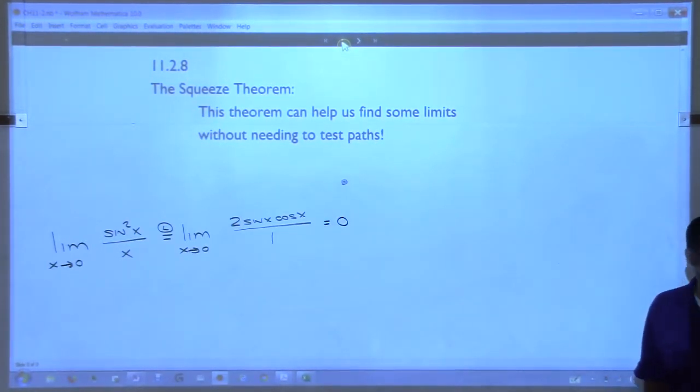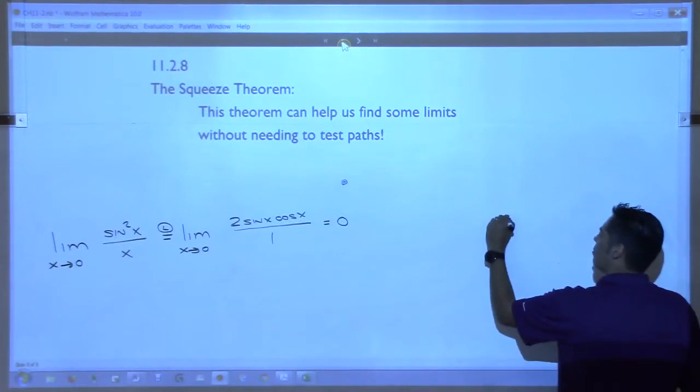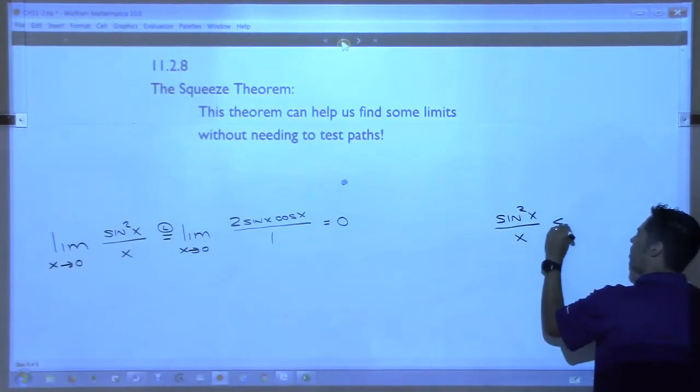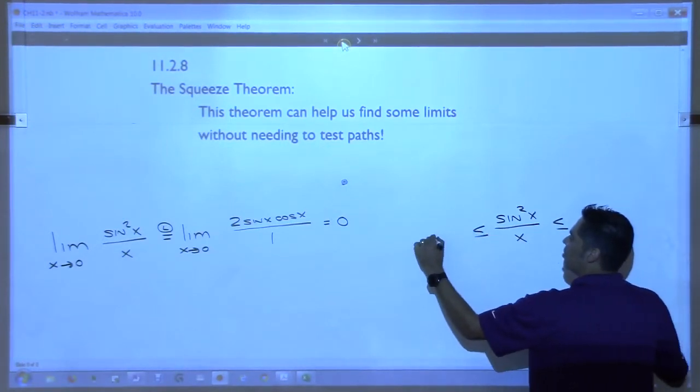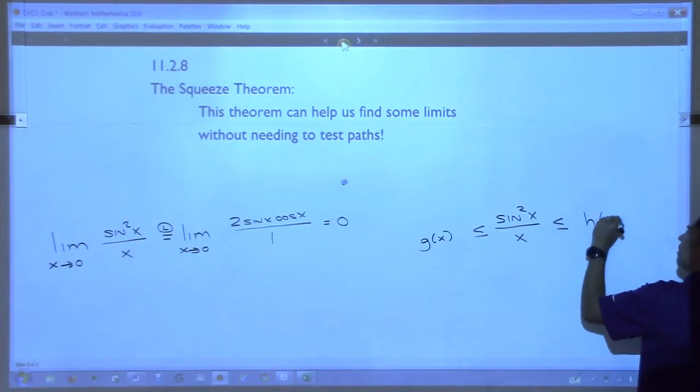But we could also do that using the squeeze theorem. The squeeze theorem says that if you can somehow take the thing you're trying to find the limit of and squeeze it between two functions, I'll call them g of x and h of x.